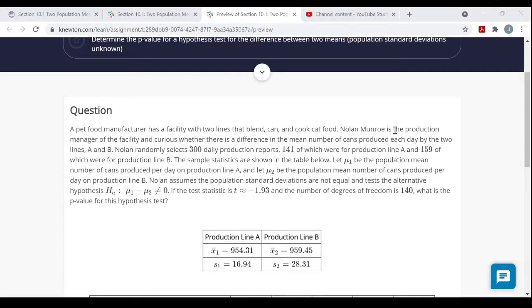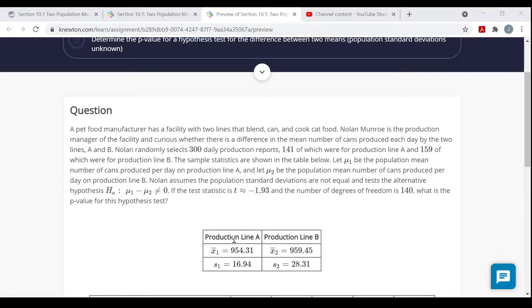Nolan Monroe is the production manager of the facility and is curious whether there is a difference in the mean number of cans produced each day by the two lines, say line A and line B. Nolan randomly selects 300 daily production reports, 141 of which were from production line A and 159 of which were from production line B. The sample statistics are shown in the table below.